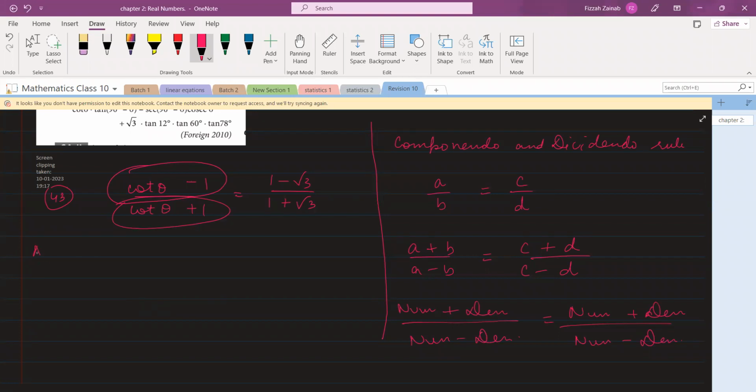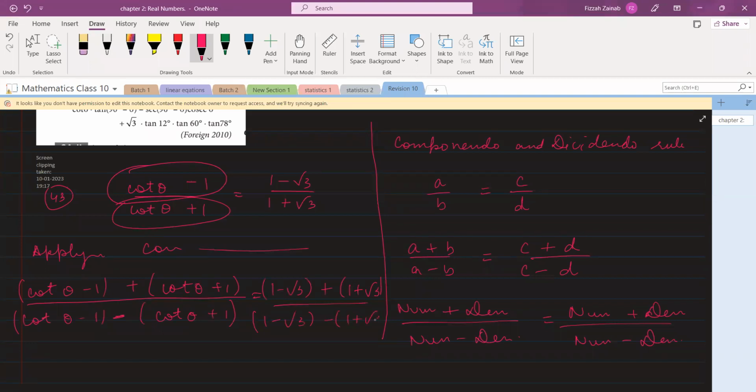So you write, applying componendo and dividendo rule, numerator plus denominator, so cot theta minus 1 plus cot theta plus 1, and then numerator minus denominator, so cot theta plus 1. And similarly here, 1 minus under root 3 numerator plus denominator, and here numerator minus denominator. Is that clear?